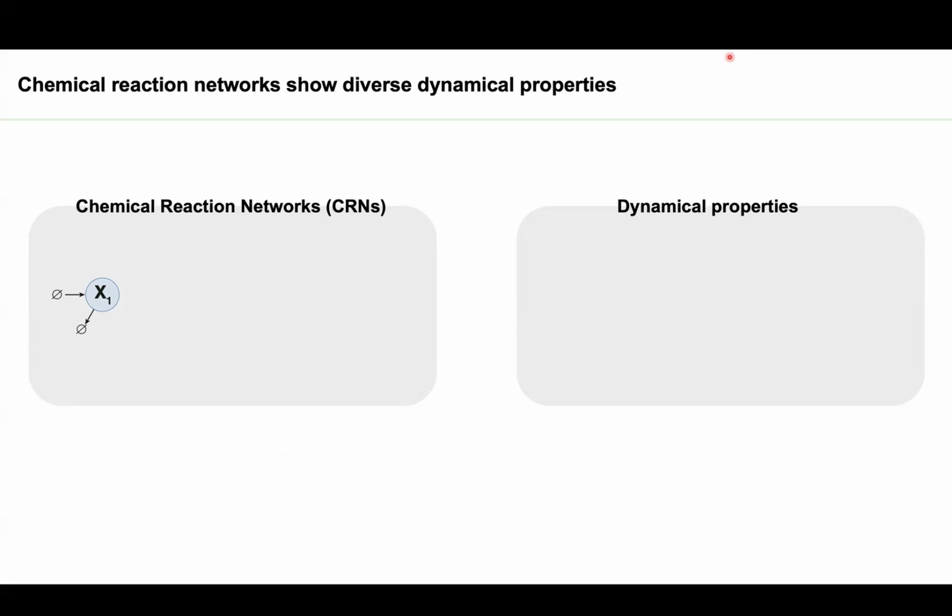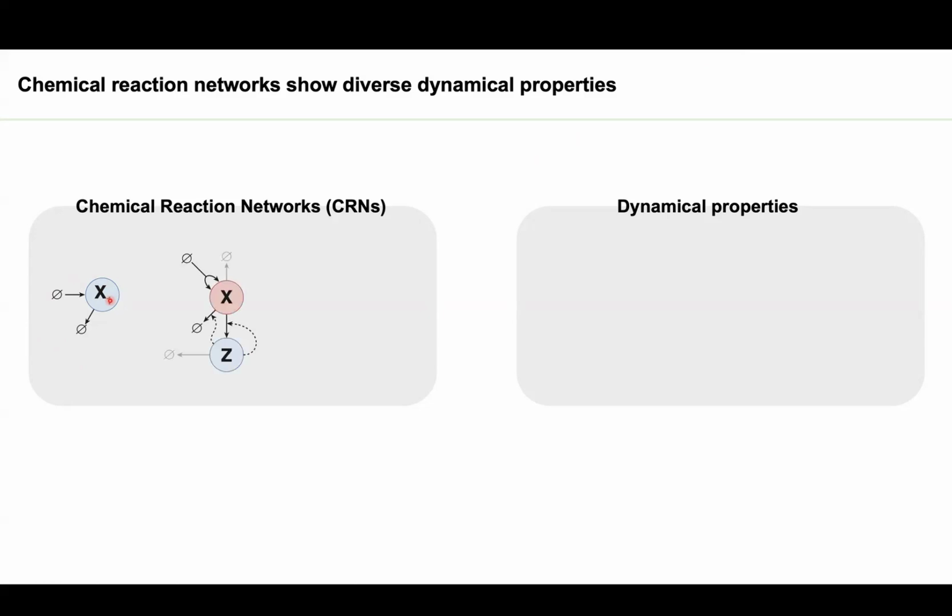To model how different chemical reactions evolve in time, we typically use chemical reaction networks. If we imagine a really simple network, then we can think of a simple first reaction and the second reaction.